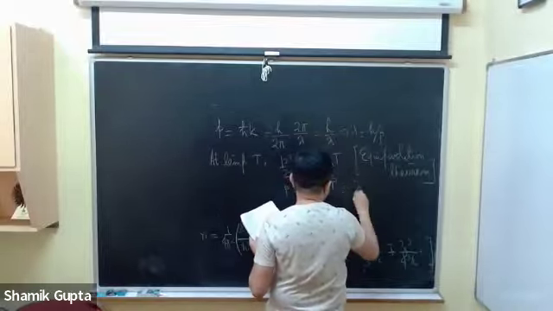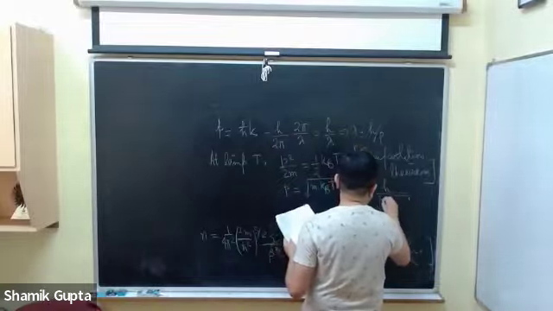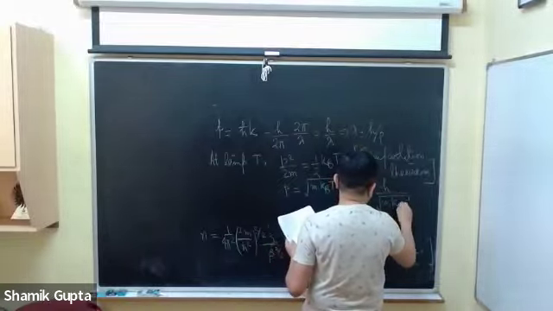Here, this lambda is equal to h divided by square root of m kBT.